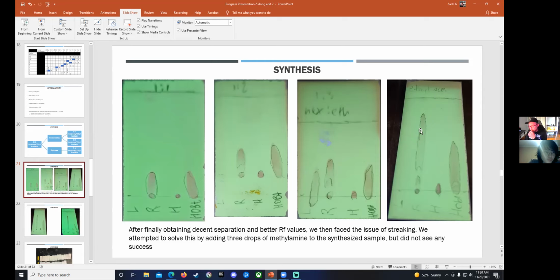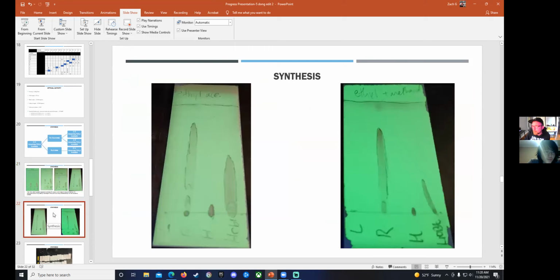Now the problem we were running into was the massive amount of streaking. In order to try to solve that issue, we put 3 drops of methylamine in the synthesized sample, but unfortunately we did not really see much success. So again, here's the pure ethyl acetate sample, and here is the ethyl acetate with the methylamine.